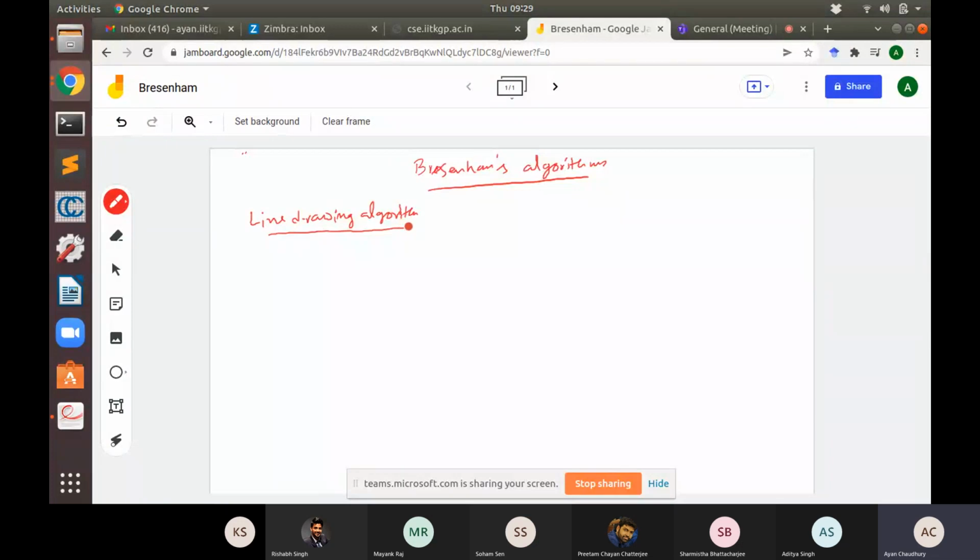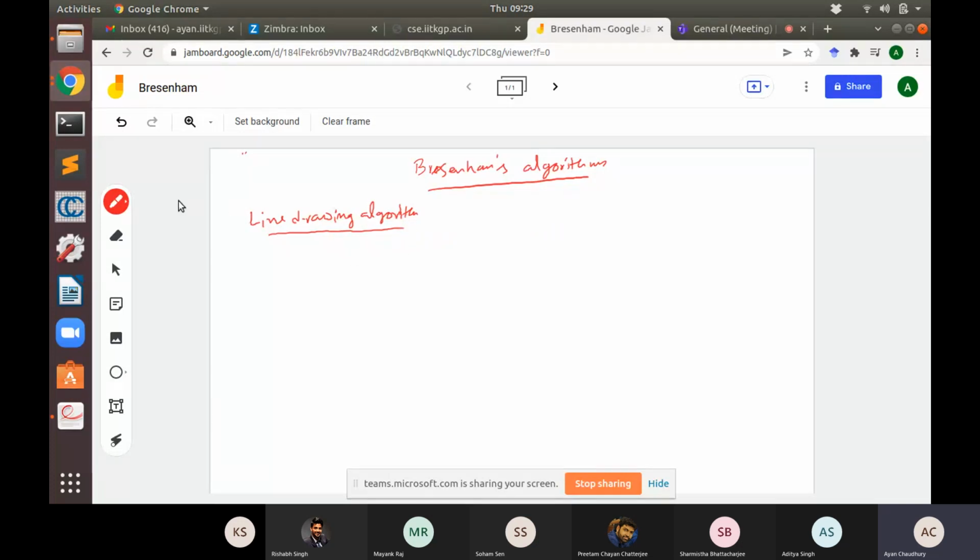A line drawing algorithm is a type of algorithm that determines the points in an n-dimensional raster display. Raster display means where you place your pixels. These should be selected to form a close approximation of a straight line between 2 points. I will show you what is meant by close approximation of a straight line in the raster device.